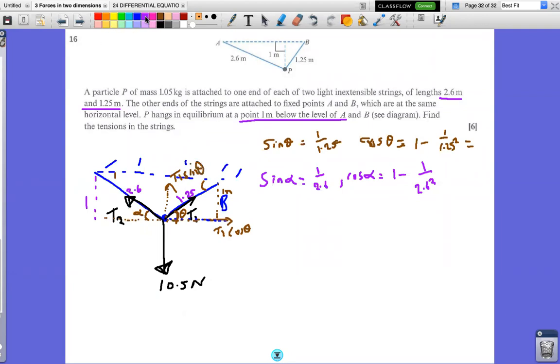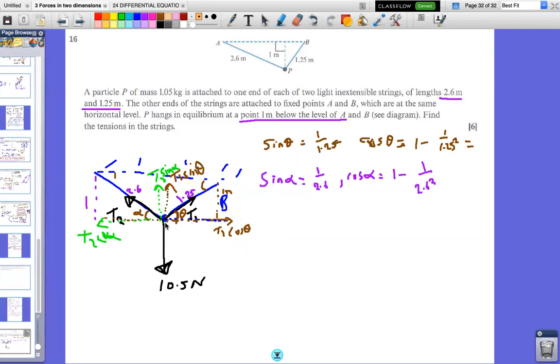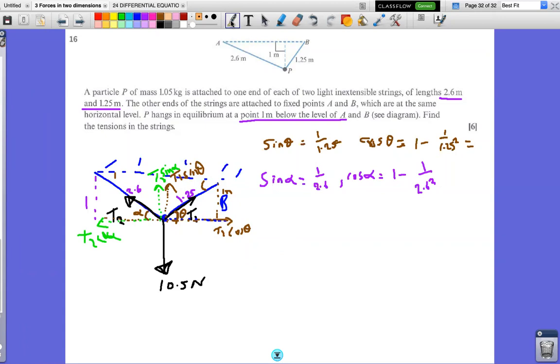And the component of T2 this way will be T2 cos alpha. And the component upward will be T2 sine alpha. So what you need to do now is resolve the forces vertically and horizontally.